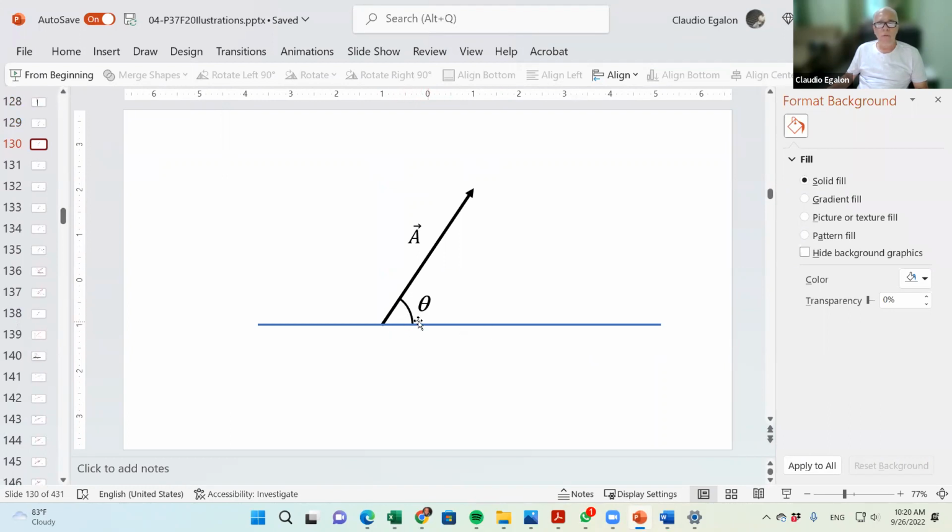This vector has 2 units along this length and 3 units along this length. What is this angle here? Okay, so you go ahead. You have this vector that forms a right angle triangle with the other 2 vectors.